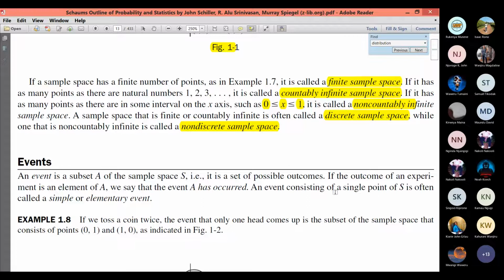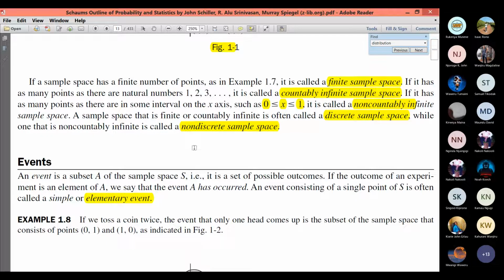So an event consisting of a single point of S is often called a simple or elementary event. If what you are focusing on only happens once, like if you remember for the coin, there's head head, head tail, tail head, and tail tail. So you may be focused on an event of both coming up tails.